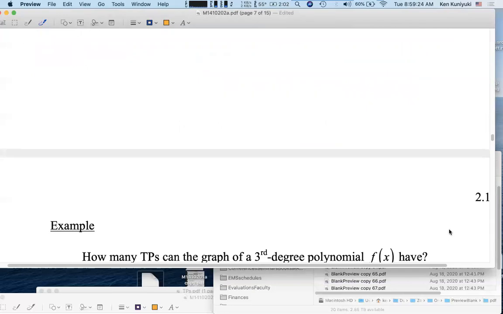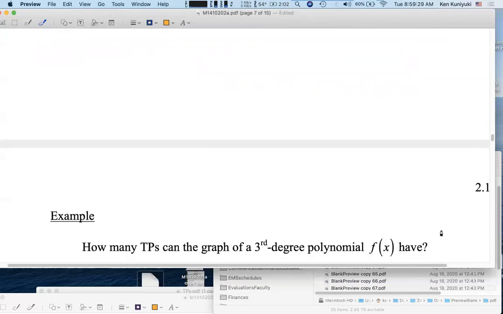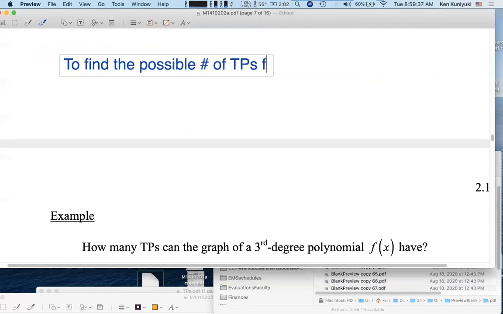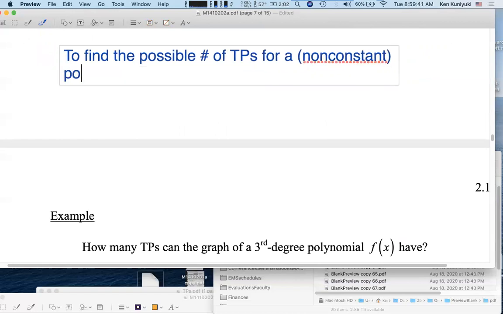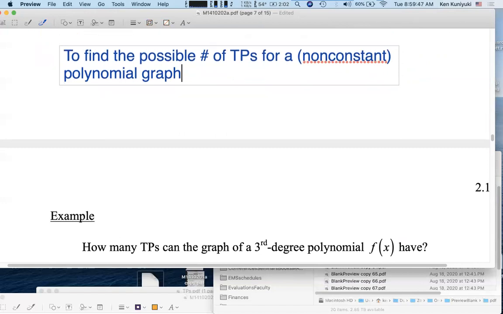So now, there's a handy-dandy algorithm for figuring out how many turning points you can have. To find the possible number of turning points for a non-constant polynomial graph of degree n, here's what you do.